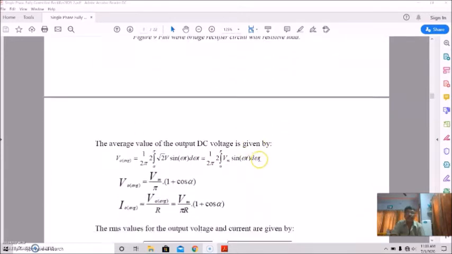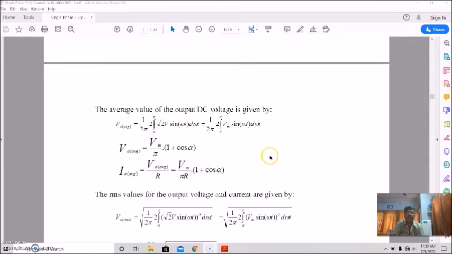Let us see the average value of the DC output voltage, that is 1 by 2 pi, 2 times the integration from alpha to pi of root 2 V sin omega t d omega t, and that comes to Vm by pi into 1 plus cos alpha.